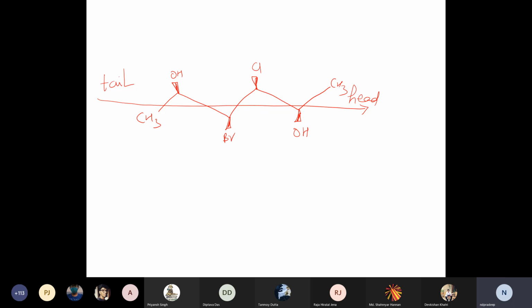People have some confusion in this. So if I draw this, this will be the head. So it should be CH3. This is the head part I'm drawing. So you have to turn like this.